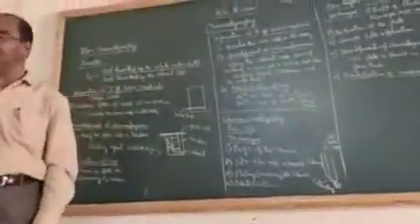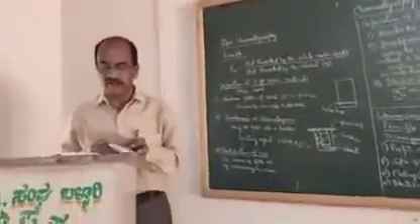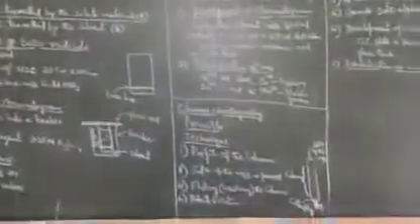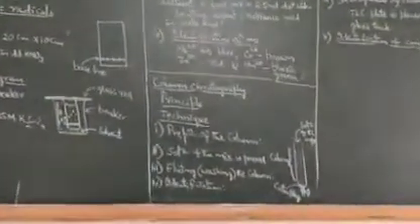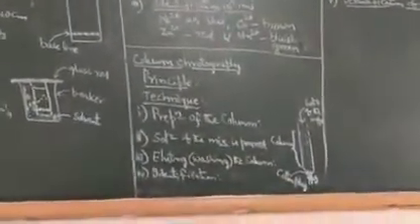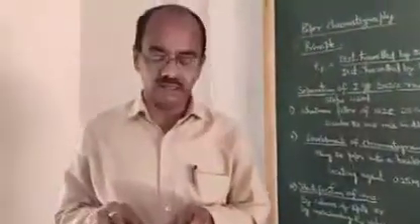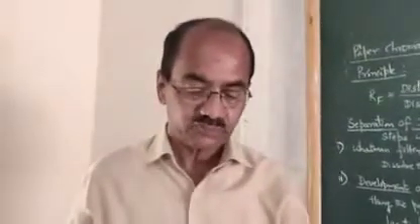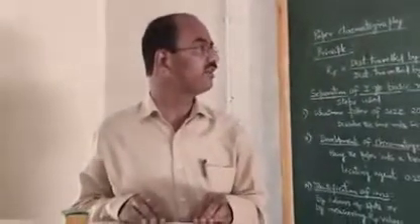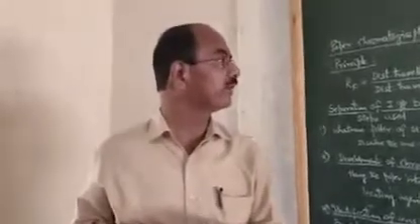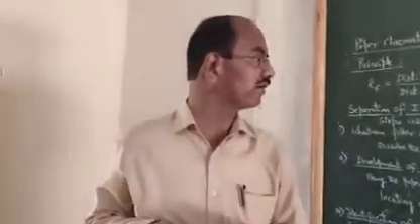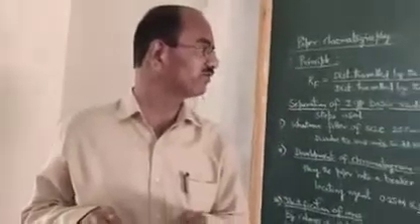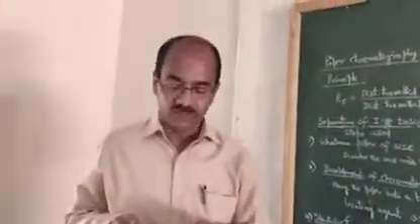The principle in column chromatography is that the solute molecules interact directly with the solid stationary phase, so that it is possible to separate the solute components from the given mixture from one another.